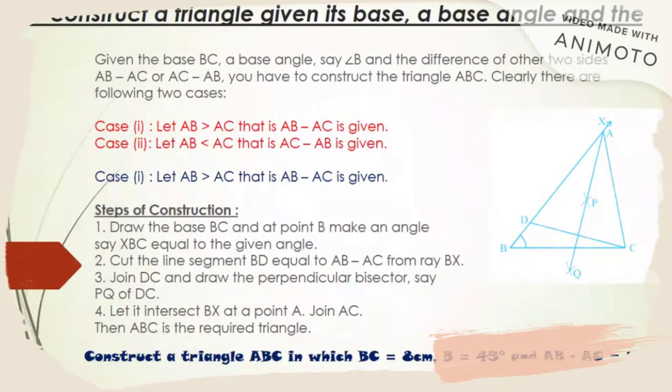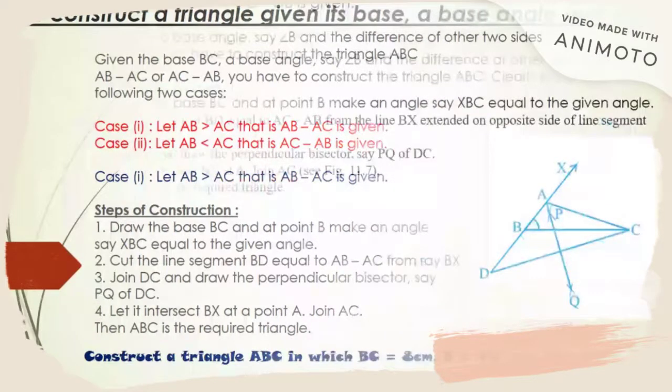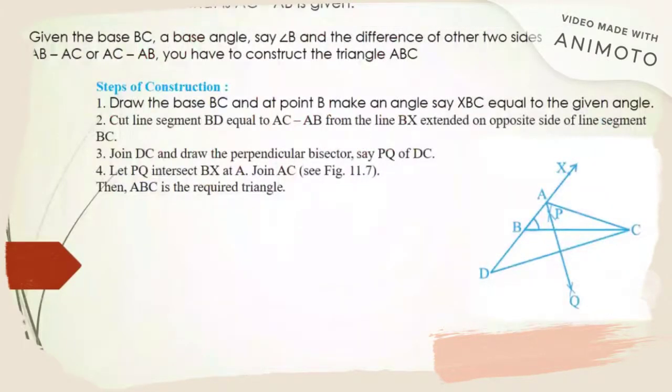Very great. So in the next part, case number 2, the same process you will do. The only difference in this case is that in the previous question, you marked an arc towards BX, right? You marked an arc towards BX on this side.